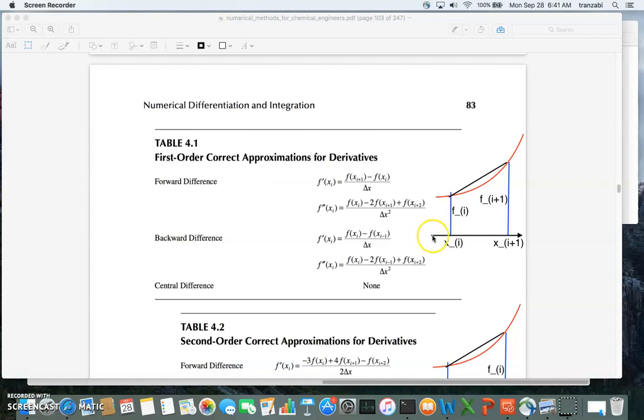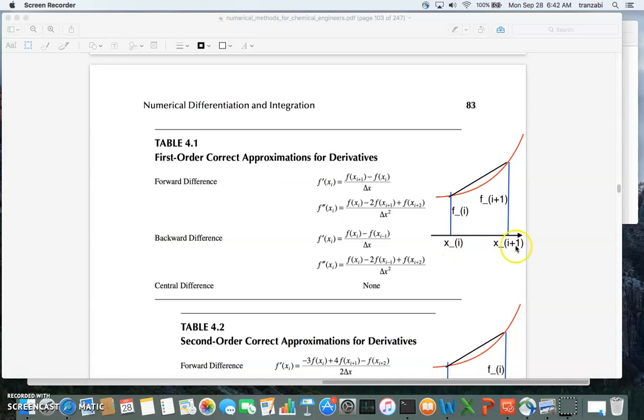So imagine I have my x-axis right here, and I divide this x-axis into many intervals. At every interval, let's say the beginning of the interval, I call x as xi, the next one is xi plus 1, and so forth. So I have many x values along the x-axis with an interval of, let's say, delta x. And the difference between xi and xi plus 1 is delta x.